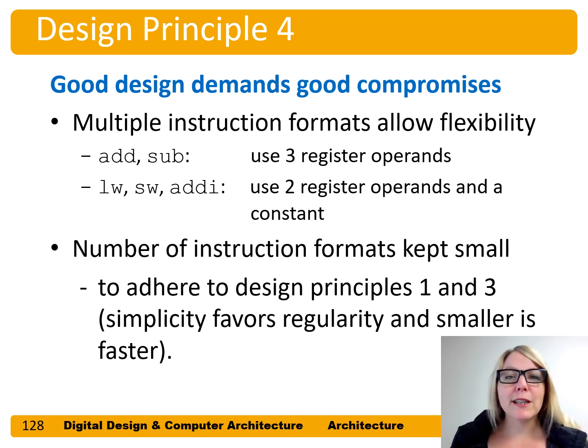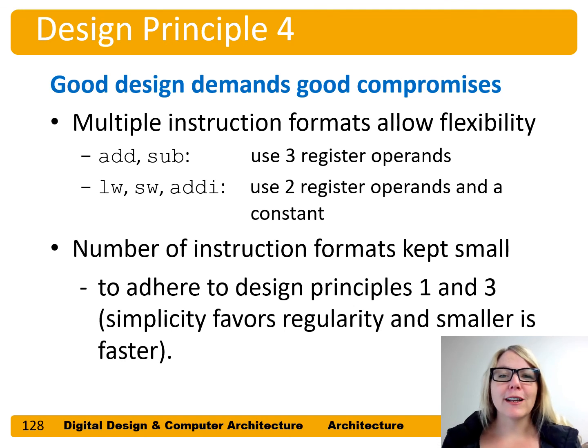But instead of having 20 instruction formats, which would make our hardware a lot harder, right? If you have someone turning in some form and there are 30 different versions of it, it's going to take a lot more work to process that form. Same thing here. If we keep the number of instruction formats small, we still have a simpler design because of that regularity, and smaller is faster.